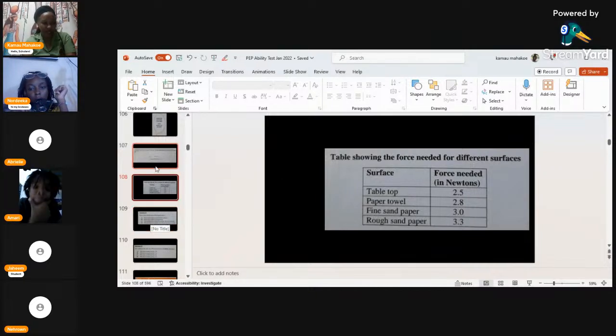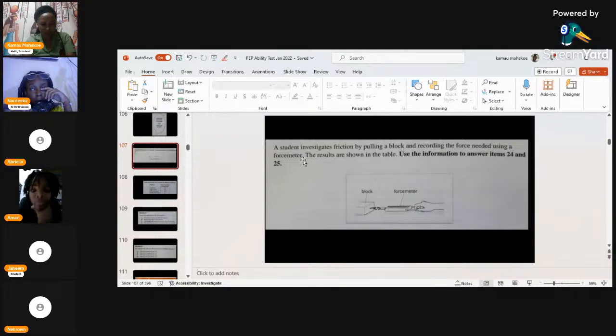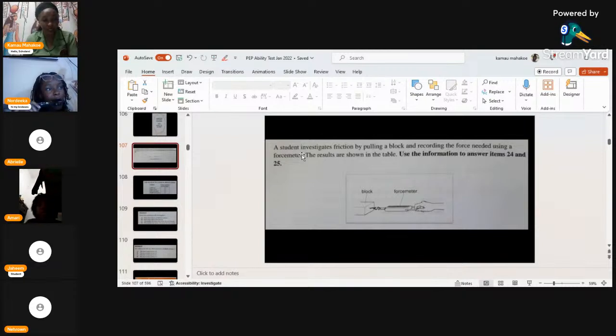And of course, what is being demonstrated here is friction. Remember, it says the student is investigating friction. Friction is a force of resistance, and friction is very important. If we didn't have friction, we couldn't move very well, or we would all be sliding around and bumping into each other. We actually need some texture, some roughness. That's why the soles of your shoes have those grits, lines and crevices to grip the surfaces you're walking on.